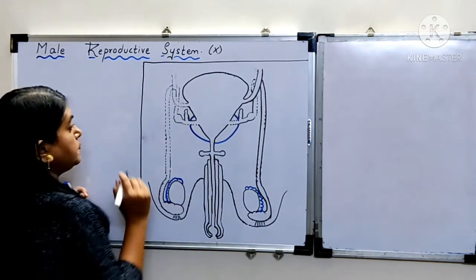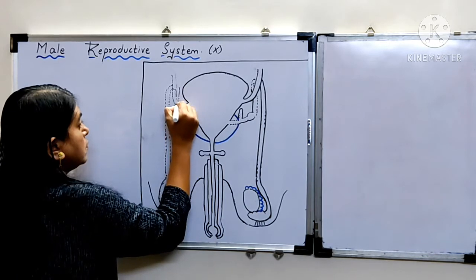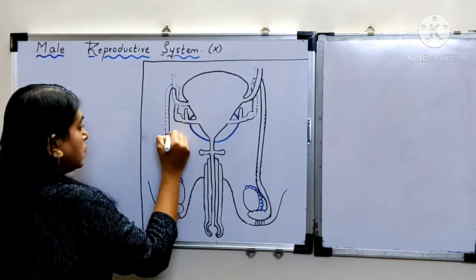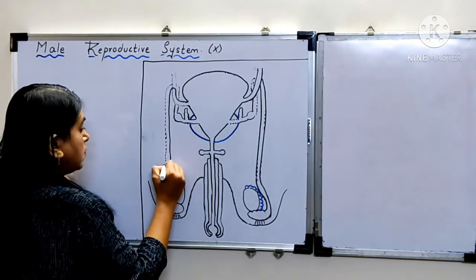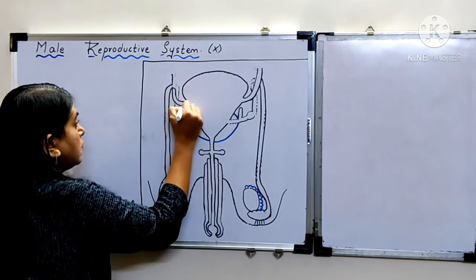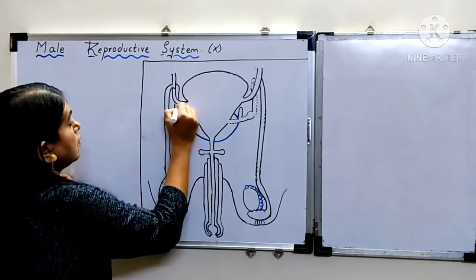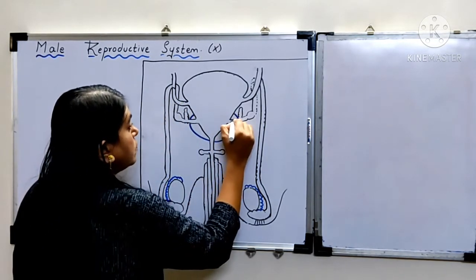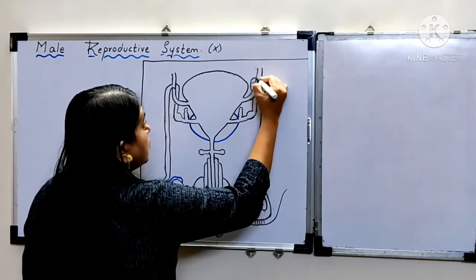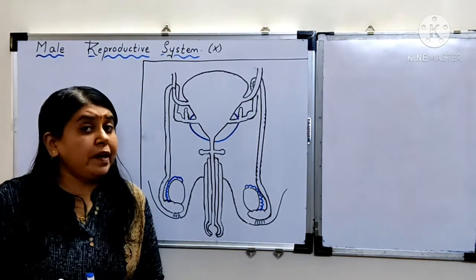Like this you will make. Perfect. So this is the diagram of male reproductive system.